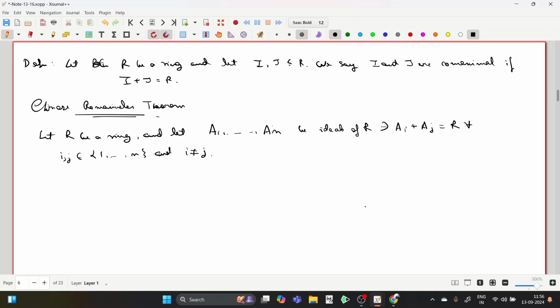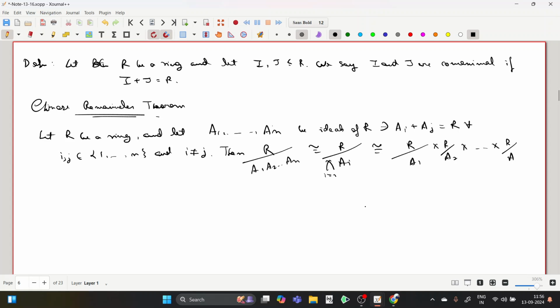Then I claim that R mod A1A2...An is isomorphic to R mod the intersection of all these ideals Ai, i equals 1 to n, which in fact is isomorphic to R mod A1 cross R mod A2 cross and so on till R mod An. Okay. So this is what we require to prove.